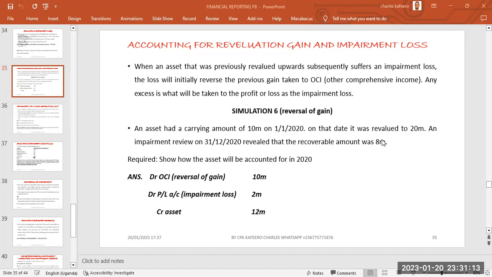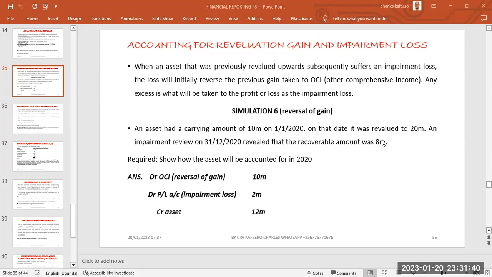It says that an asset had a carrying amount of 10 million on 1st January 2020, and they are saying that on that same date, it was revalued to 20 million.